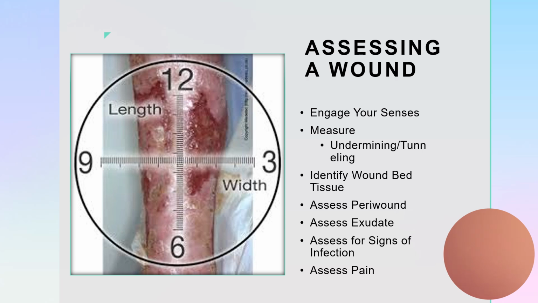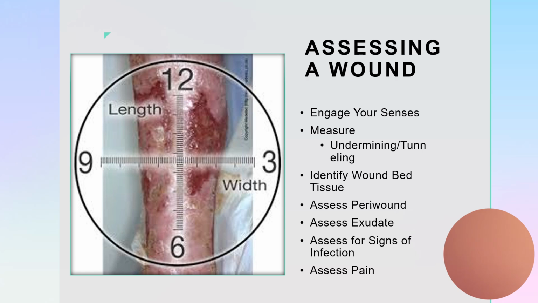And then when we document, we always document according to the face of the clock. This gives the following nurse who comes and reads your documentation a visual picture of what this wound looks like and where any abnormalities may be found. But always go clockwise when you are describing the wound.